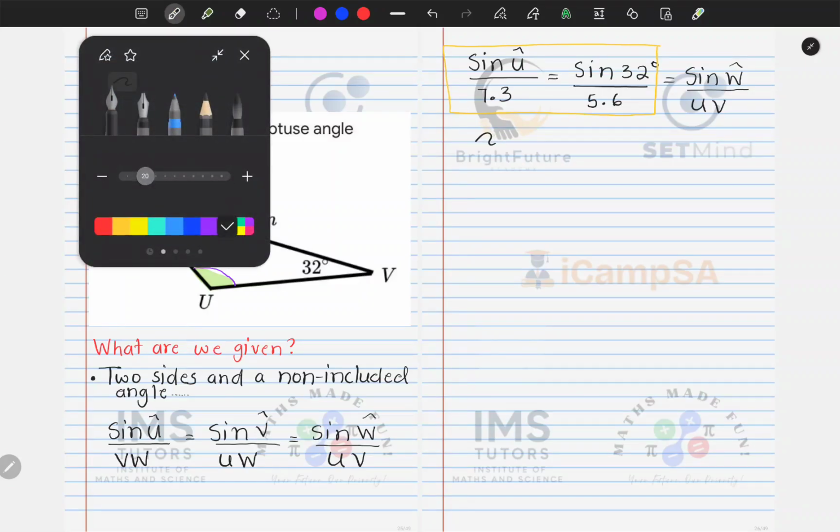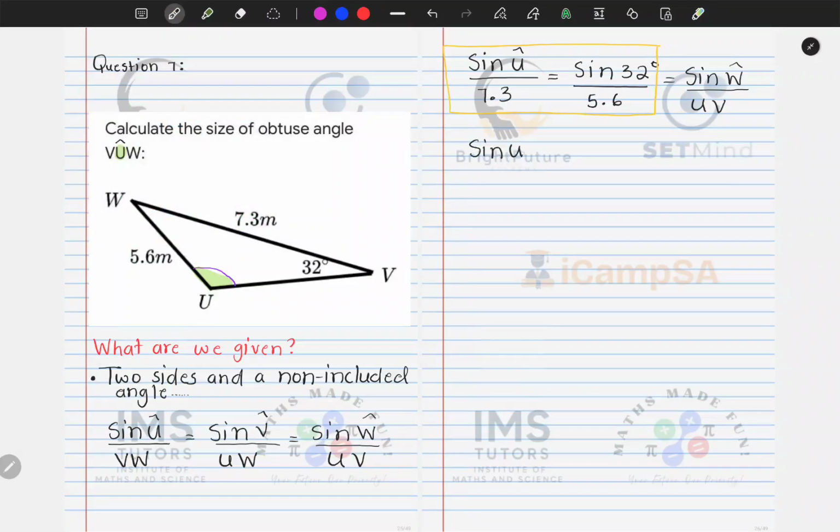So if we cross multiply, you will see that our sine of angle U will be 7.3 multiplied by sine of 32 degrees, divided by 5.6. And remember that we're looking for angle U. So angle U will be shift of sine, which will give you the inverse of sine, of 7.3 multiplied by sine of 32 degrees divided by 5.6.